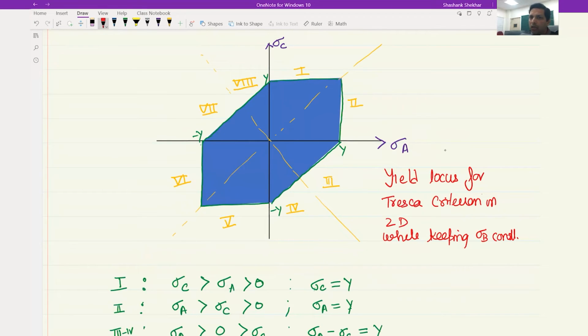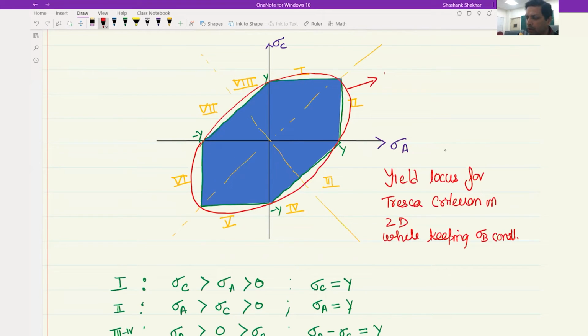Now, how does the yield locus for the Tresca criterion compare with that of the Von Mises criterion? So if you could draw it, then what you would see is that this is how the two compare.